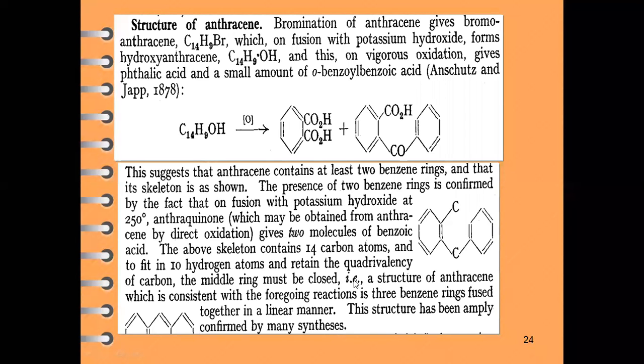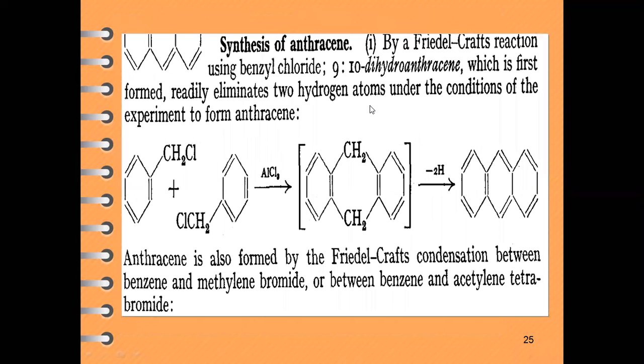Throughout this ring, the carbon valency 4 is maintained. That means we come to the conclusion about the middle ring in anthracene. See, this is the structure of anthracene from all the data we have covered up till now.